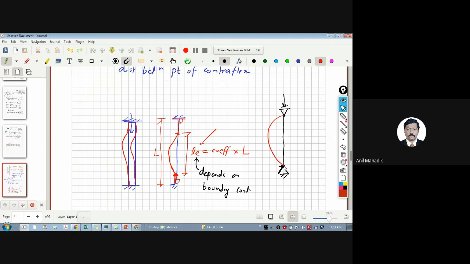That means the rotation will start from this point itself. In this case, I can say that L effective is your L. Getting this? So as per the boundary condition, this L effective goes on changing. Now you will see all these L effective values in the IS code. They are given in IS 456 also and IS 800 also. Let's see that.